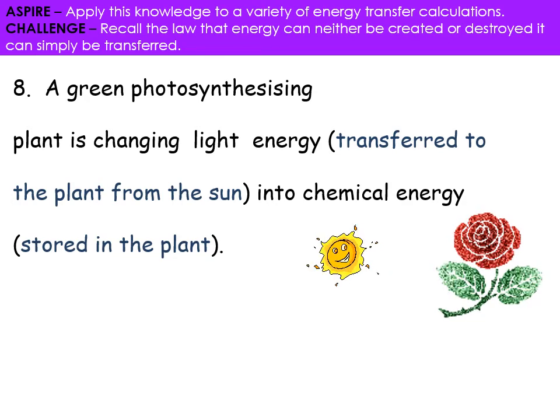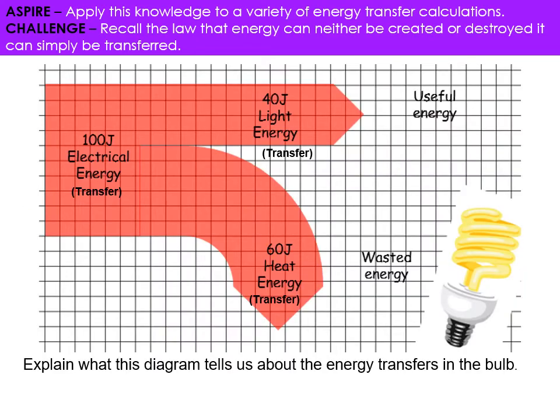What we now need to move on to is to use the calculation and to understand that energy could be either wasted or it could be useful. So let us move on to that. So how can we show that? This is a diagram, it's called a Sankey diagram. What I could ask you to do is explain what this diagram tells us about the energy transfers in the bulb.